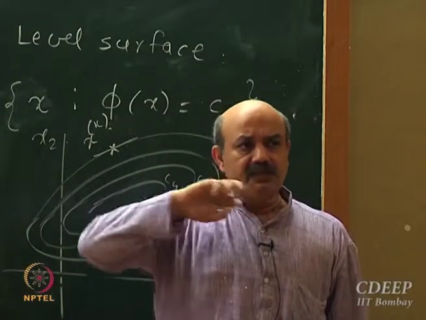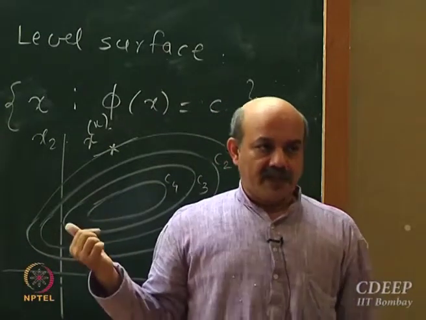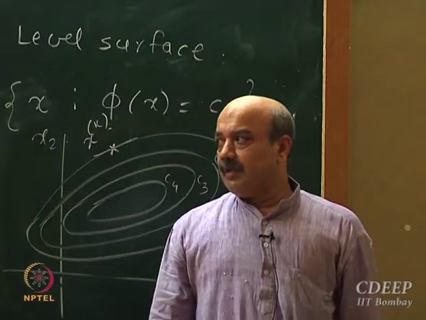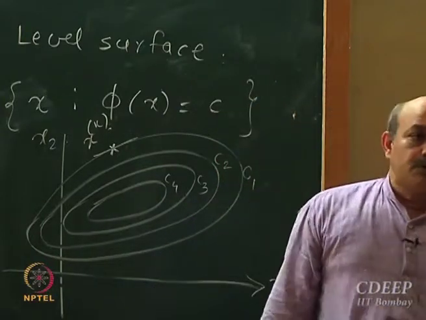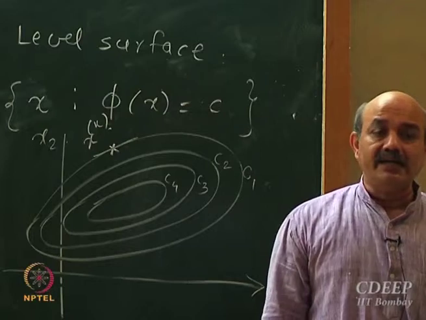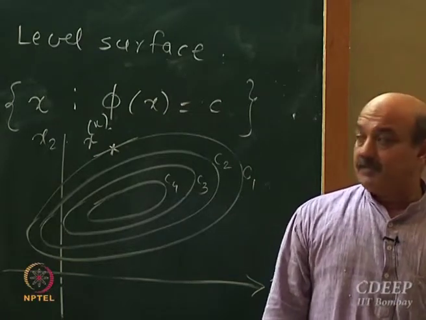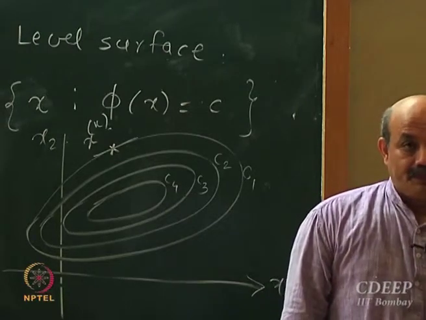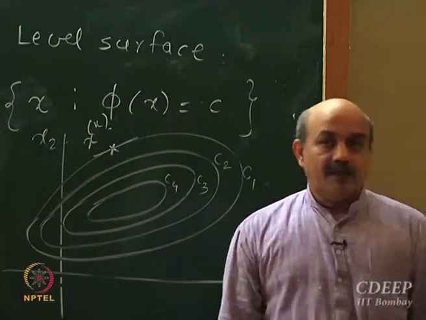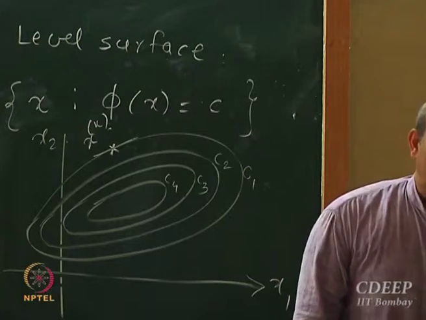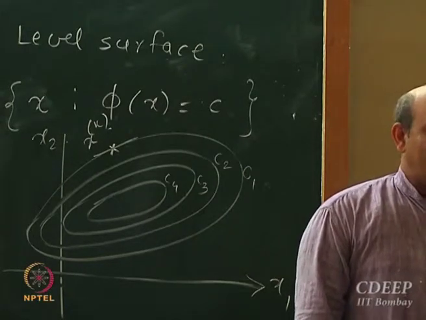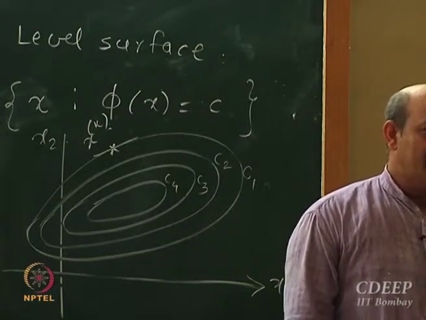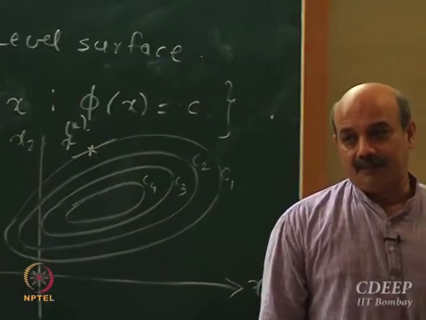Delta xk is a directional derivative or gradient is a directional derivative? Gradient is a directional derivative. So I want to show that if delta xk is aligned along the gradient, then function increases maximum. If it is aligned along negative of the gradient direction, then the function decreases maximum.